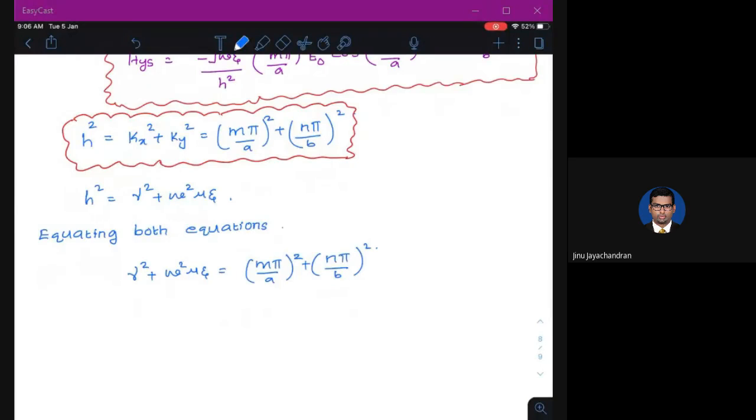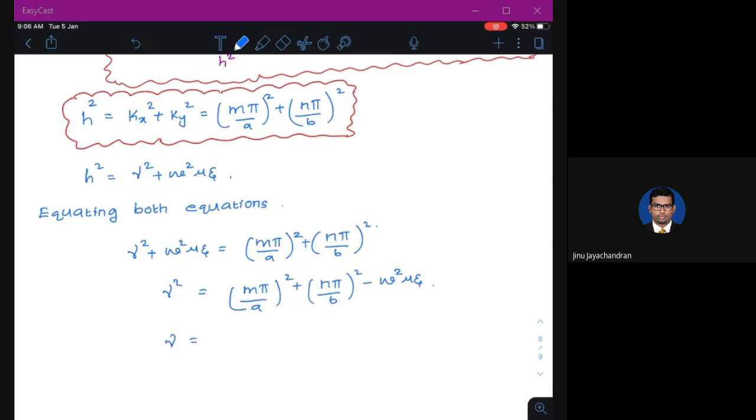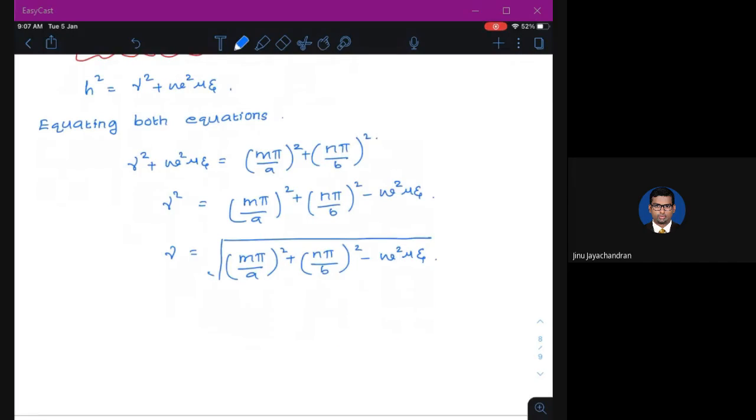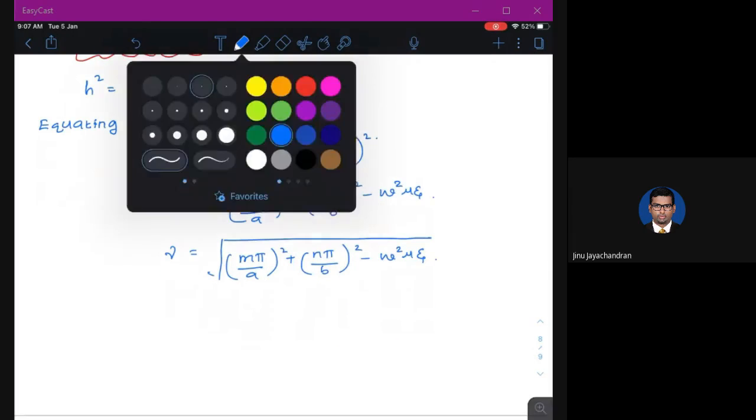So you have gamma square is equal to m pi by a whole square plus n pi by b whole square minus omega square mu epsilon. Okay, or gamma is equal to square root of m pi by a whole square plus n pi by b whole square minus omega square mu epsilon. This is another equation.